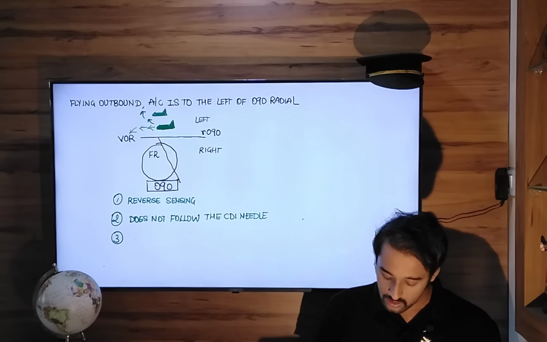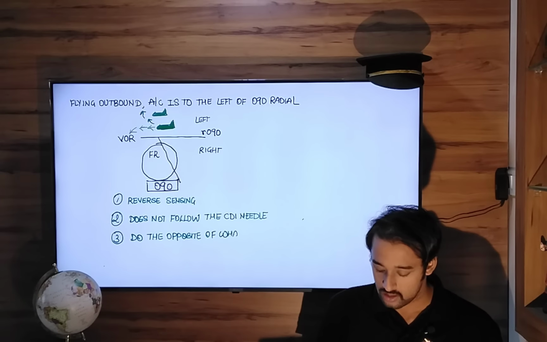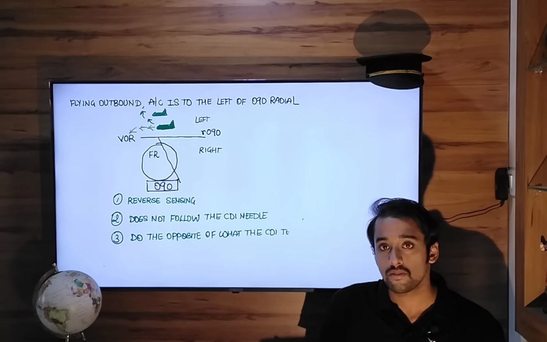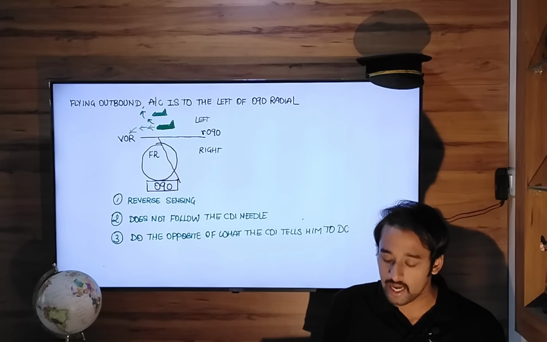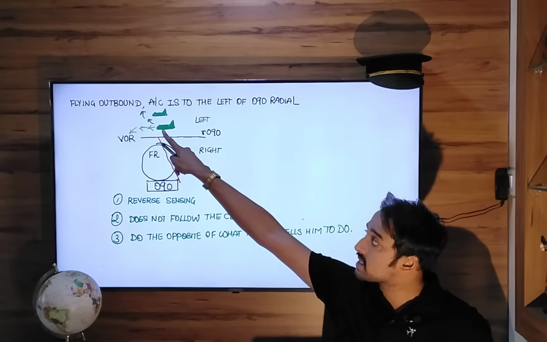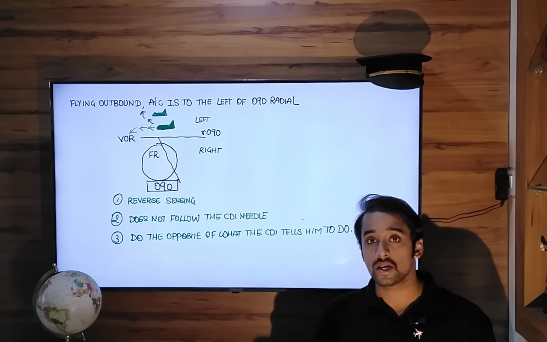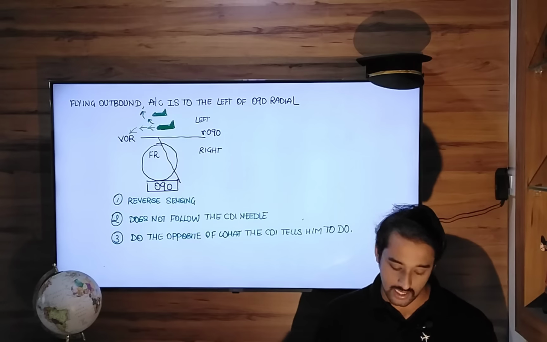He will do the opposite of what the CDI tells him to do. So if the CDI goes right, the pilot should turn his aircraft left. If the CDI needle moves left, the pilot should turn his aircraft right hand side. So this is the case of reverse sensing.